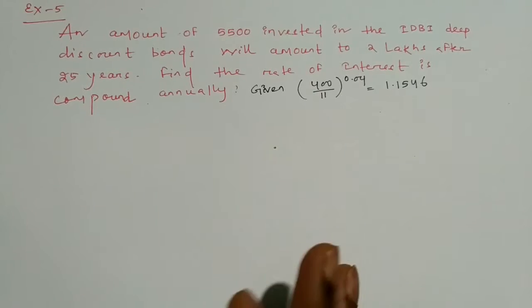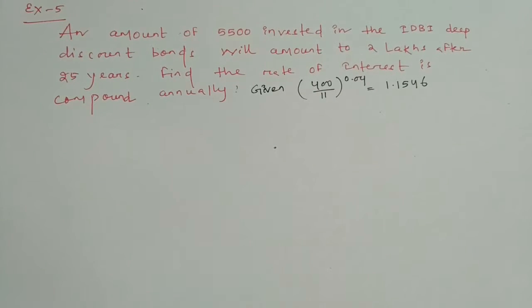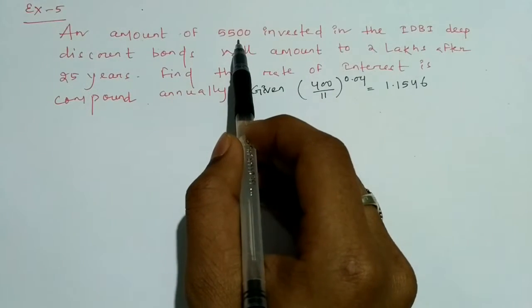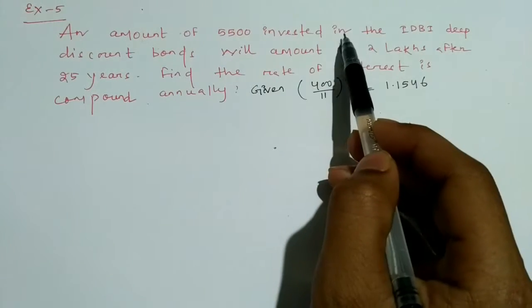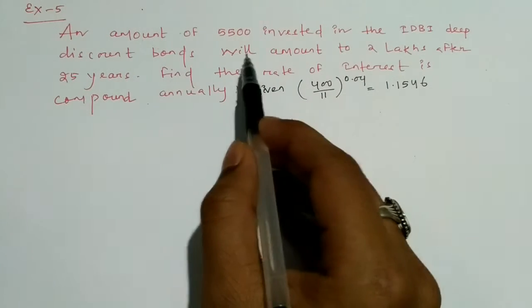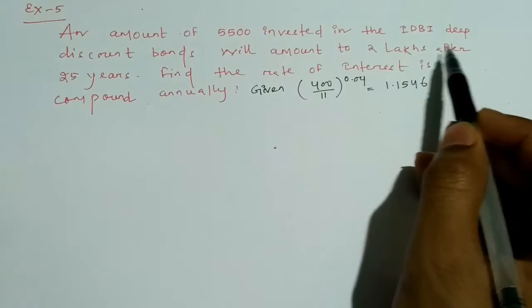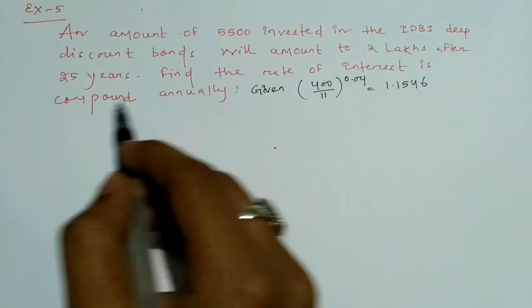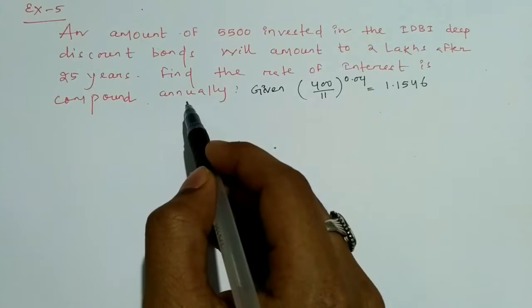So friends, this is our final question of this part. The question is, an amount of 5,500 invested in the IDBI deep discount bonds will amount to 2 lakhs after 25 years. Find the rate of interest, compounded annually.